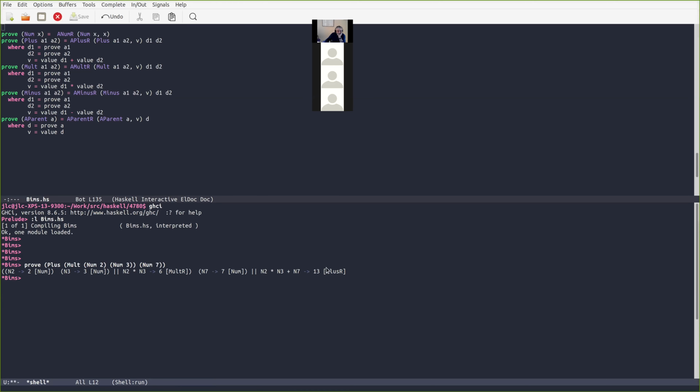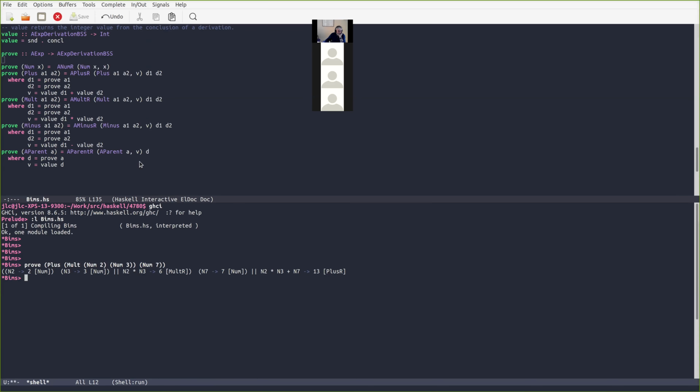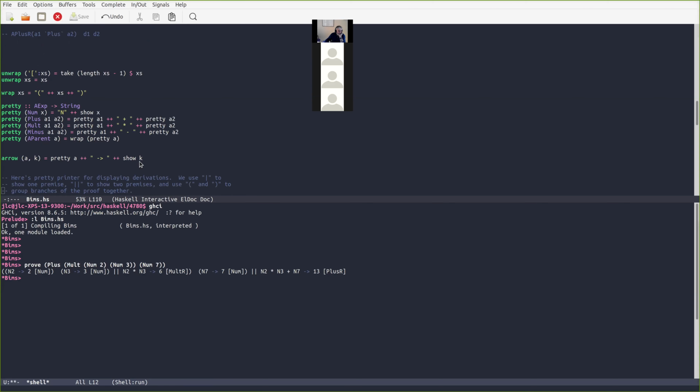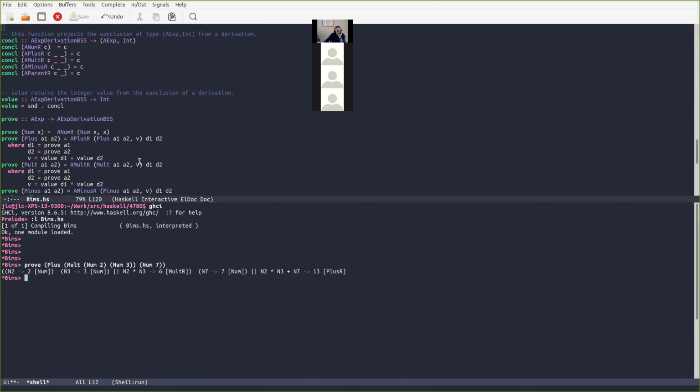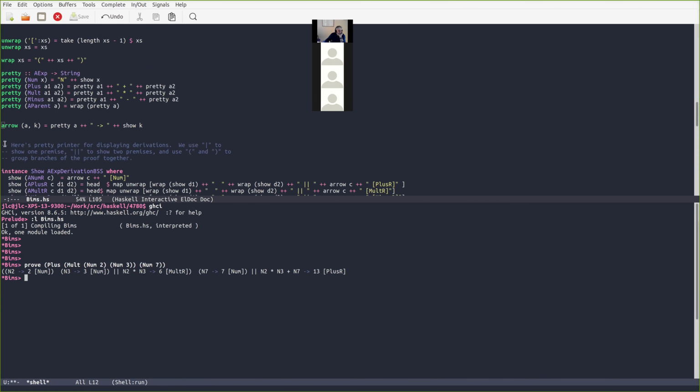Okay, and so I tried to display the proofs in a way that gives you the structure, but it doesn't show you the terms. So if I go up here, maybe I shouldn't call this show.